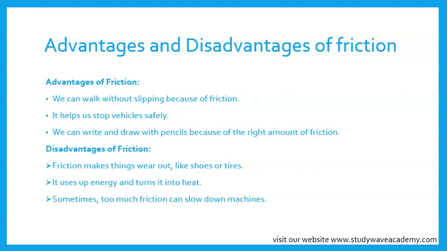It uses up energy and turns it into heat. Friction transforms useful energy into heat, which is often wasted. This is why machines may become hot during operation.